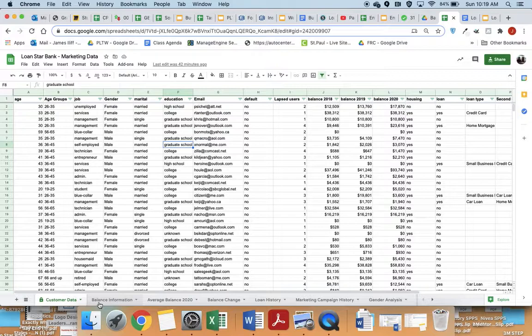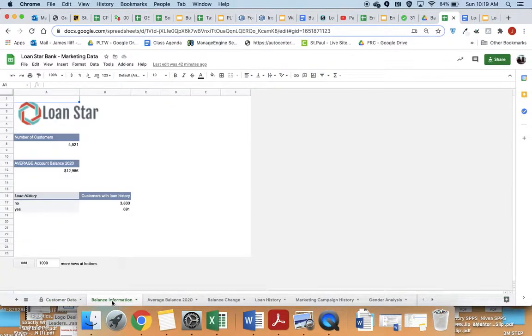How about balance information? Here's a report called balance information, and you can see that we've summarized that raw data into 3 data points. Number of customers, 4,521. Average account balance, $12,986 in 2020.